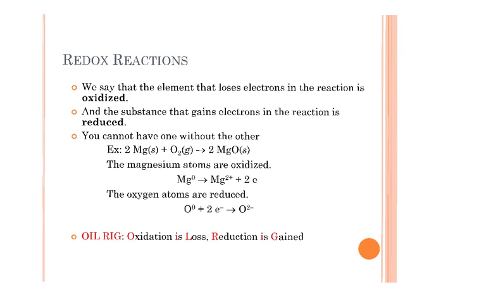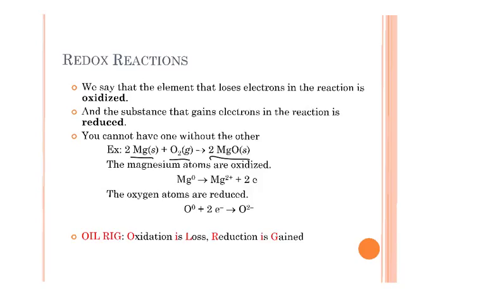And then when they combine, what happens? The magnesium goes from 0 to a positive 2 charge, so it lost 2 electrons. When something loses electrons, it is oxidized over here. Okay, so it lost 2 electrons, and so it picked up a positive charge because electrons are negatively charged.